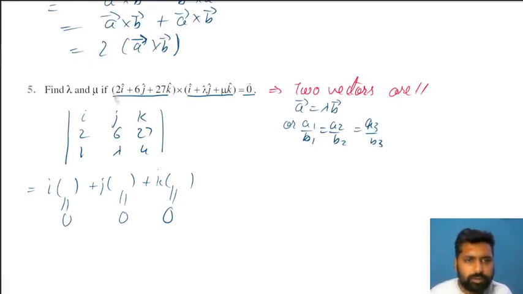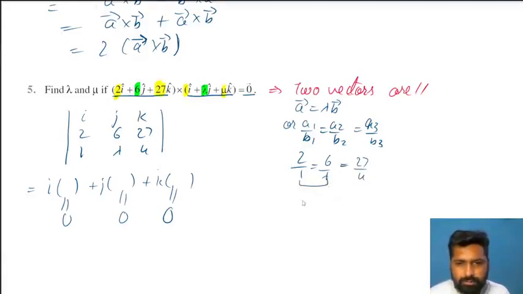Okay, look at the ratio: 2 here, 2, 1, so 2 upon 1. The second ratio, 6 by lambda, should be equal to 27 by mu. Solve these two, you'll get lambda as 3. Solve these two, you'll get mu as 27 by 2.